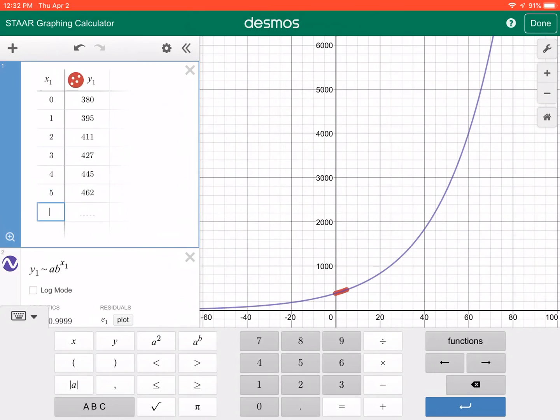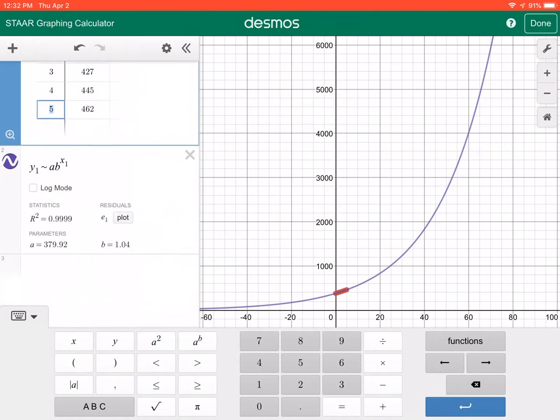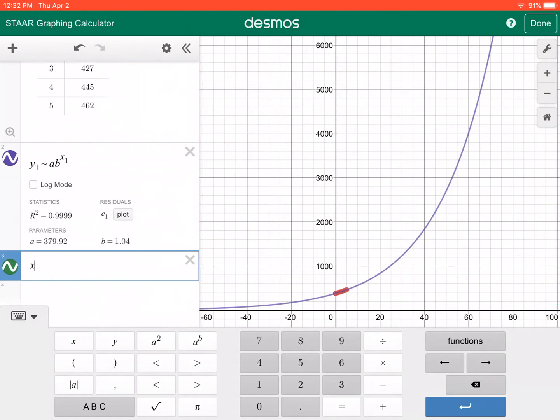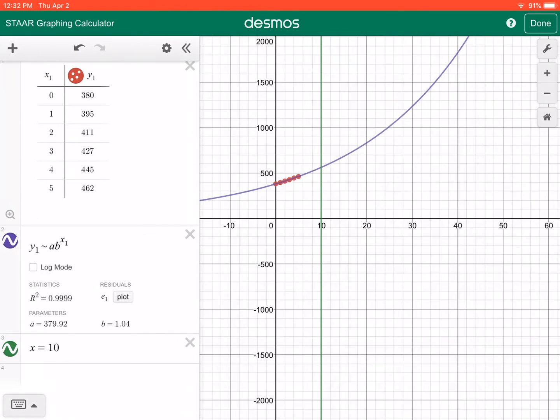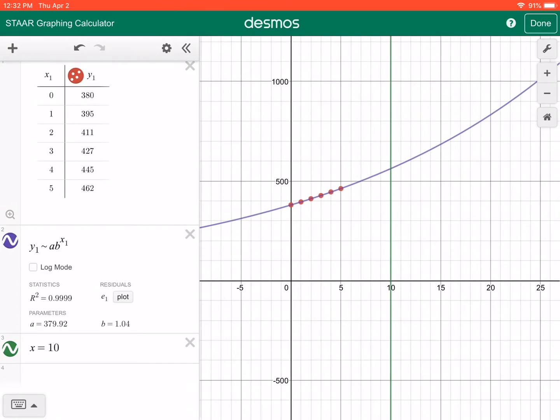Okay, so what we can do is tell it, in the x column, I want there to equal a 10. And remember, it puts those two things together, so now we can tap where they cross. And where x is 10, y is going to be, and we're talking about money, right?